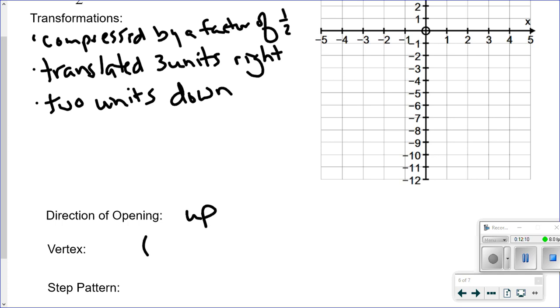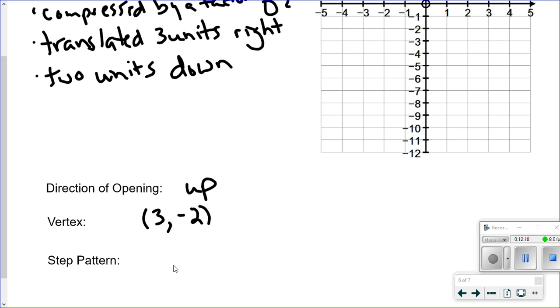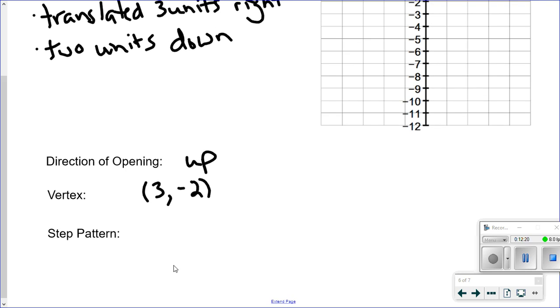Vertex. So change the sign of what's in the brackets and keep the sign of the one outside the brackets. Our step pattern, assuming you're good enough to do this in your head. Although halves is actually pretty nice because it's just a regular step pattern over 2.